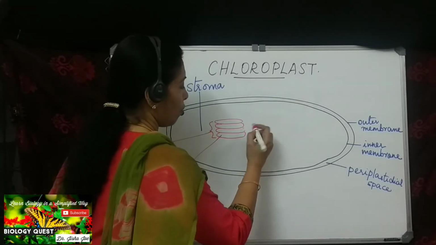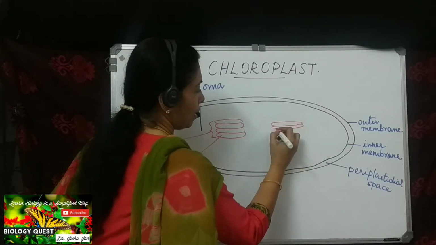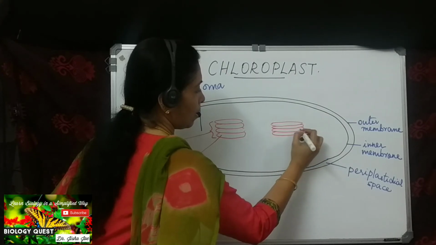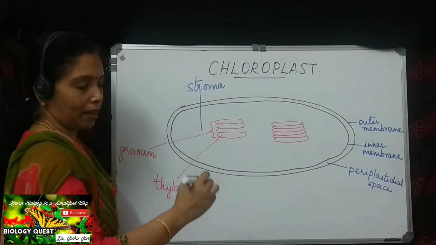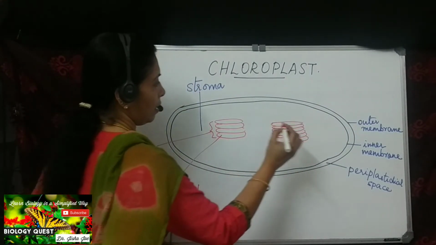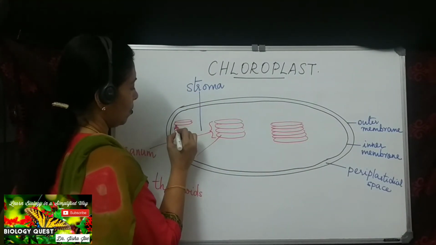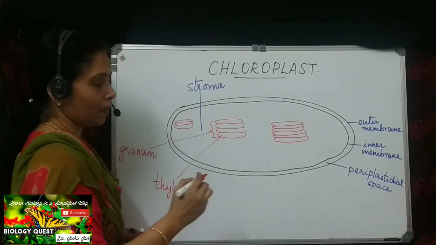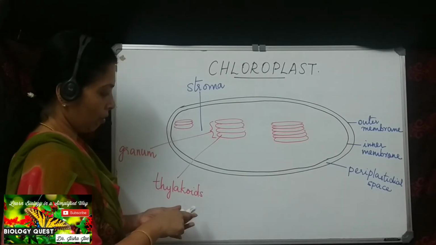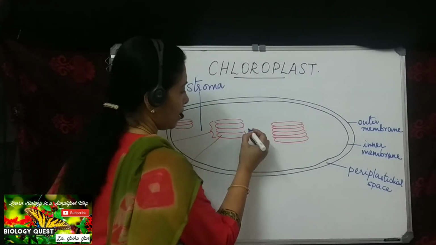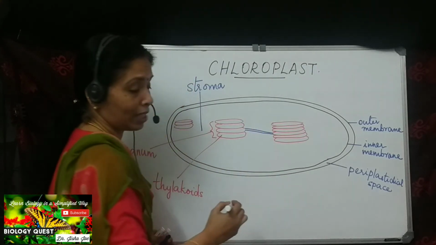Now the thylakoid of one granum, so this is another thylakoid, and the pile of thylakoids forms the granum. That is another granum there. I'll draw another one here. That is another granum. So the thylakoid of one granum may be connected with the thylakoid of another granum by means of channels.